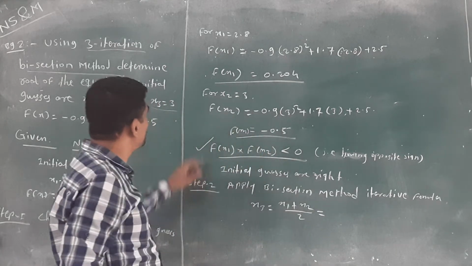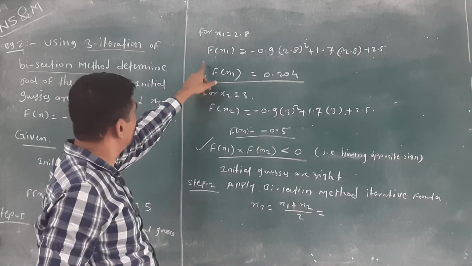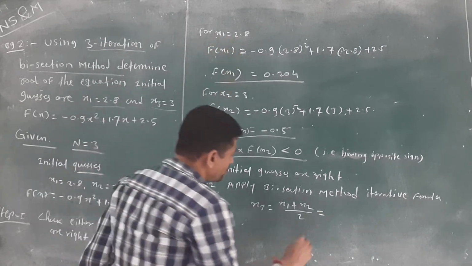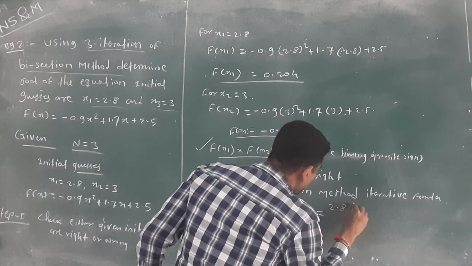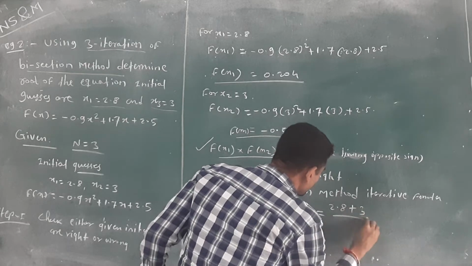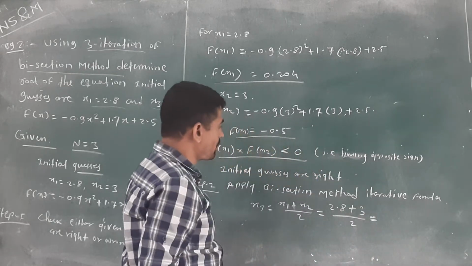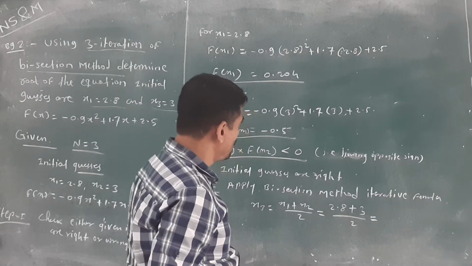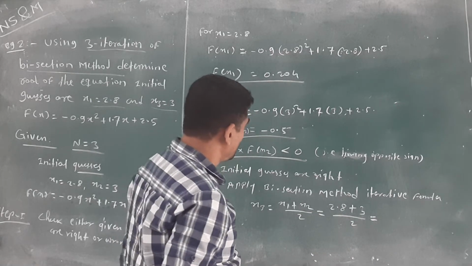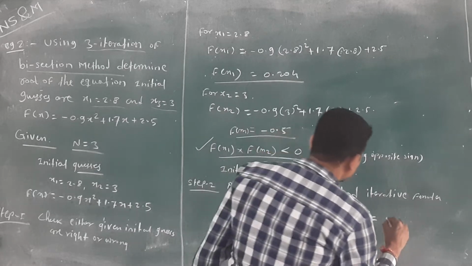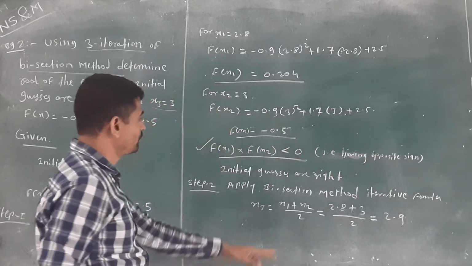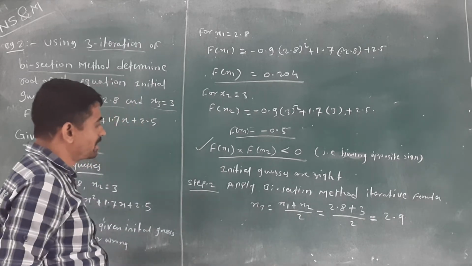The values of x1 and x2 are given: x1 is 2.8 and x2 is 3, divided by 2. If you calculate that, you will get 5.8 divided by 2, which gives 2.9. Check that. You will get 2.9.